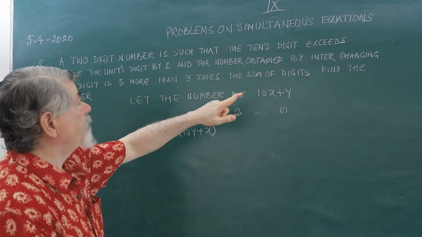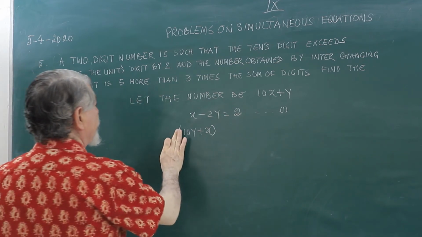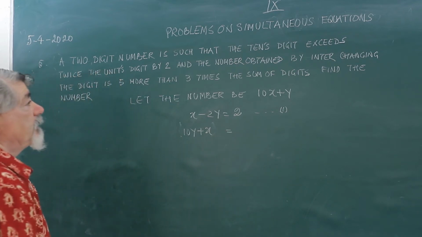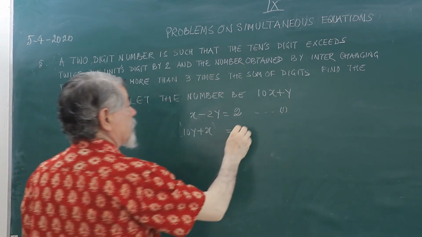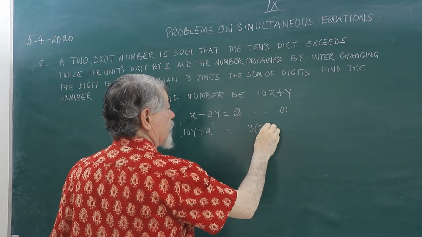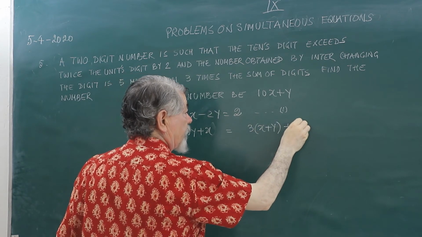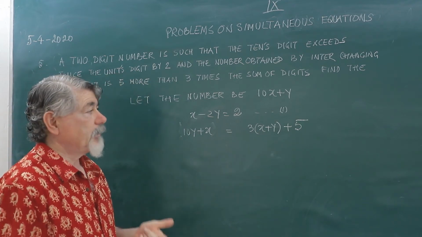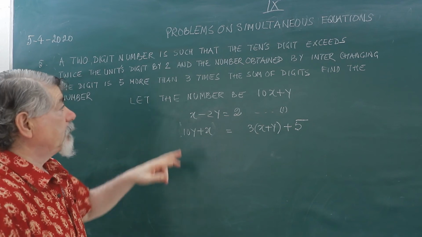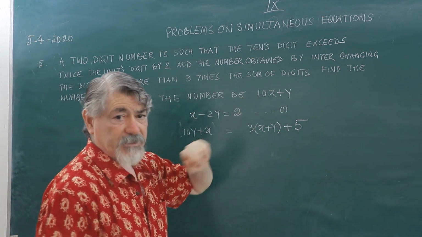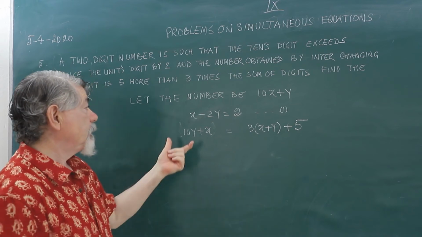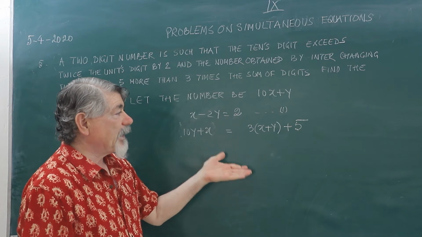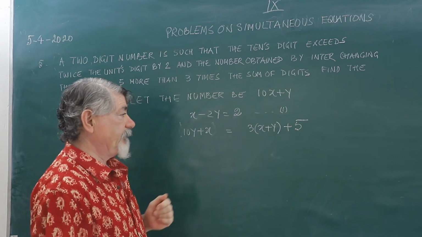The number obtained by interchanging the digits is 5 more than 3 times the sum of digits. 3 times the sum of digits will be 3 into x plus y, and plus 5. When we interchange the digits, the number became 10y plus x, which is equal to 3 times the sum of digits plus 5.